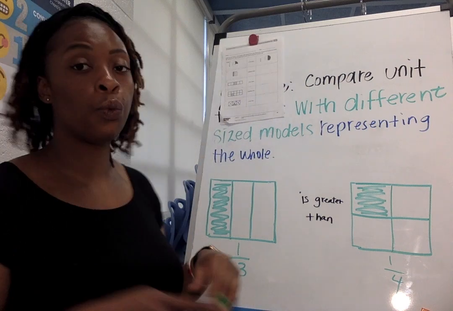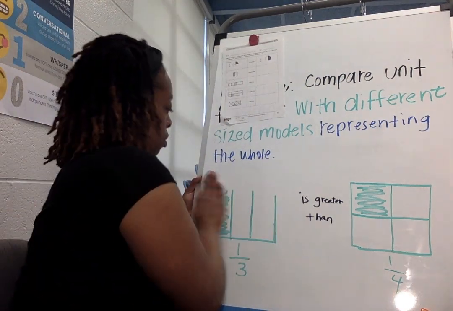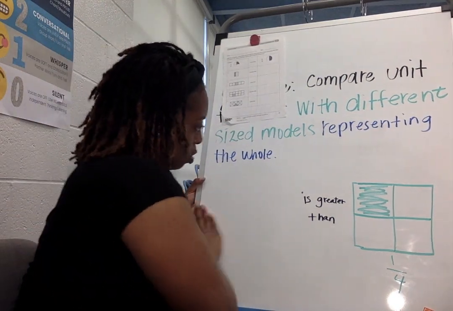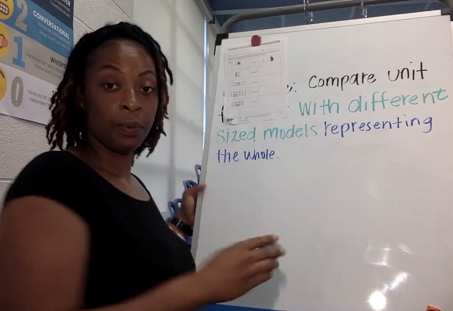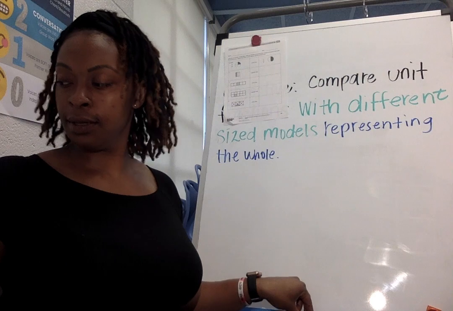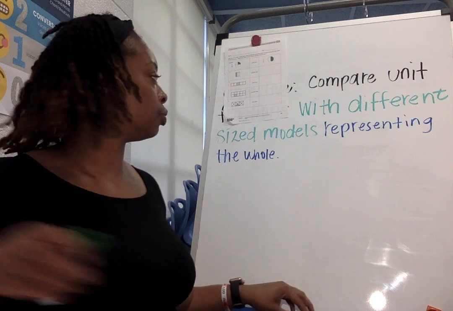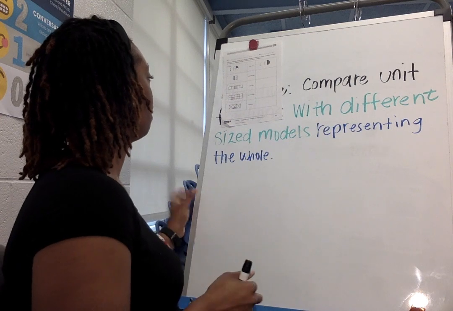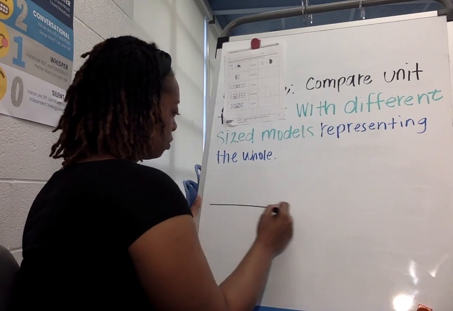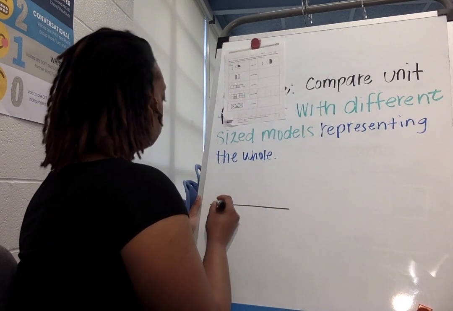Okay, I will do one more with you. I hope you all are understanding. Miss Breeden really enjoys this type of math. So next we have a rectangle, and it's partitioned into fifths.